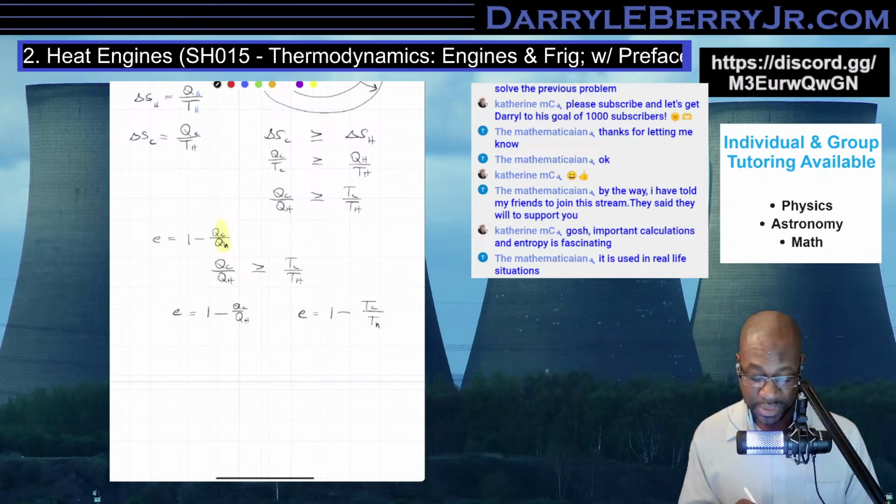Since QC is going to be bigger, that means since QC is bigger, if I subtract 1 from that, this side is going to be smaller. You see that? Because if QC is bigger, then I subtract that thing, this right side is going to be bigger.